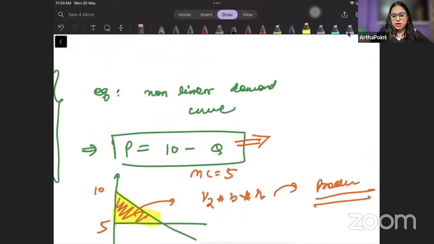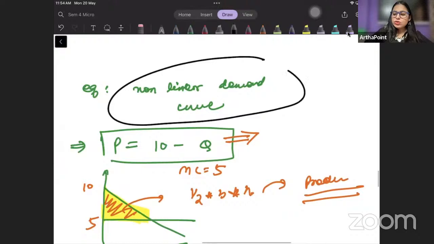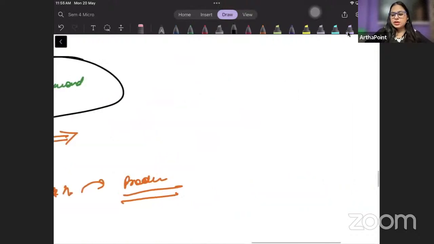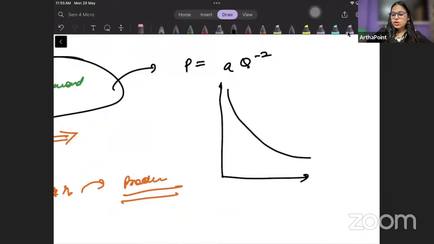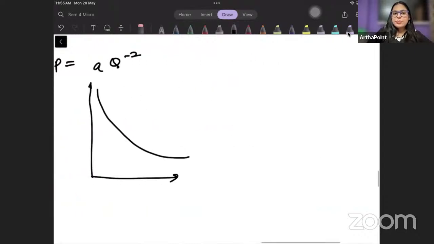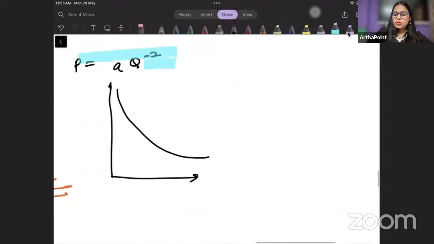This is a linear demand curve, but what can be given to you in exam will be a non-linear demand curve. So for example, if you are given P is equal to A Q to the power minus 2, something like this, that means you are given a rectangular hyperbola beta. तो अगर आपको एक rectangular hyperbola दिया हुआ है, as I have always told you, in this case there is no way to find area of the triangle.